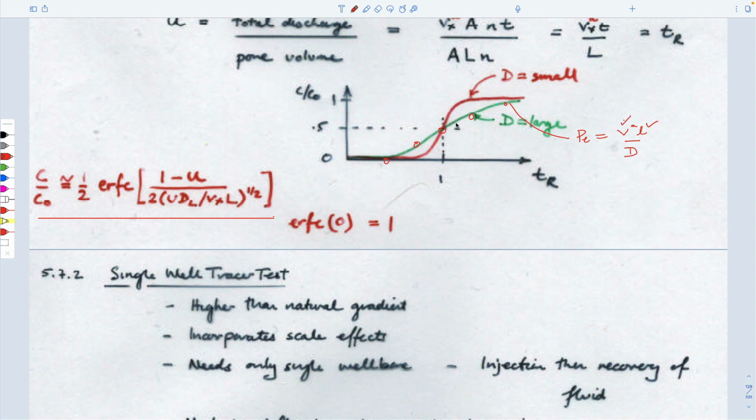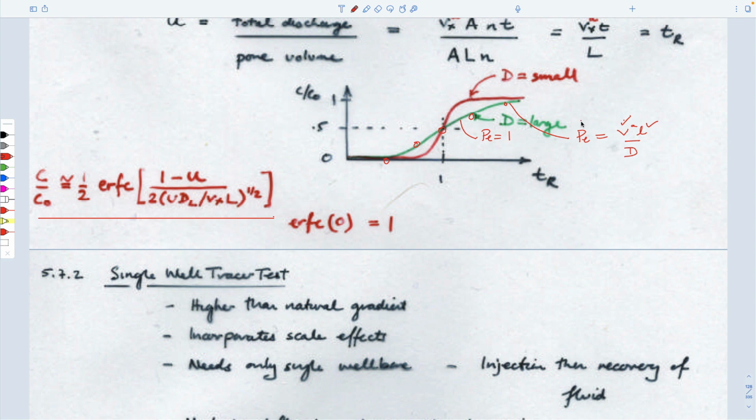We said that all these different curves are a family of curves, so it would only fit on one family, hopefully, and that family would be a unique value of Peclet number. It's not infinity, maybe it's a Peclet number of 1. I don't know, we could go back to Equatio and look at it.